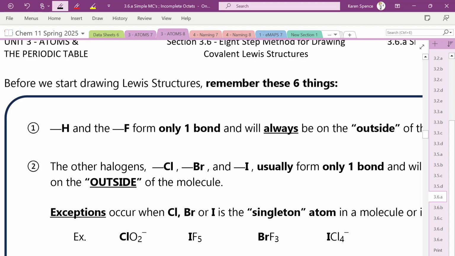Hydrogen and fluorine, we talked about this yesterday. Hydrogen and fluorine have one gap, yes?